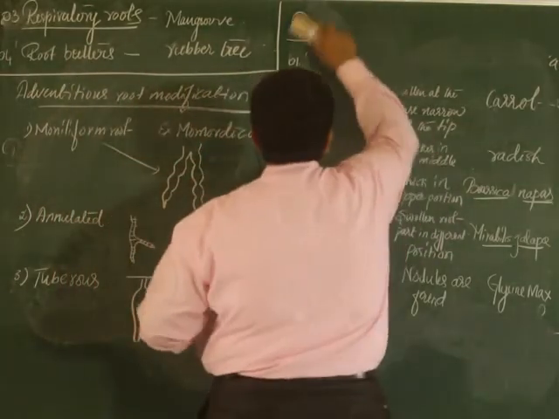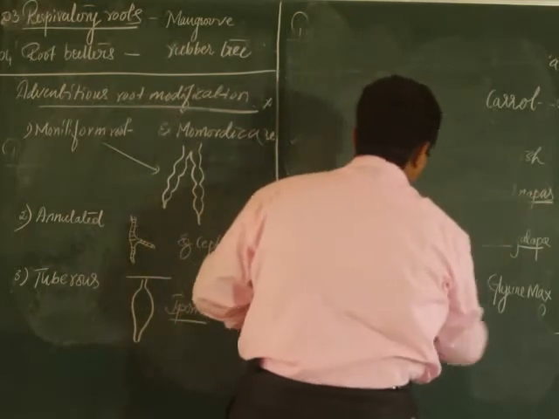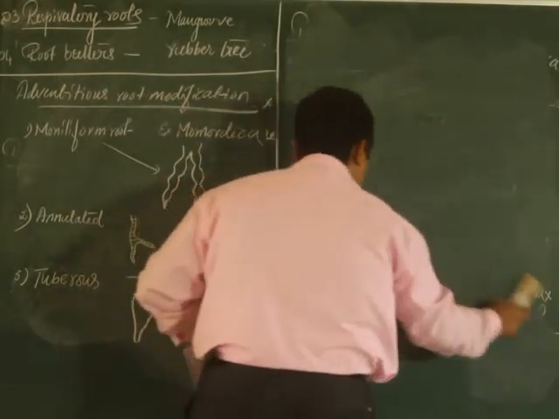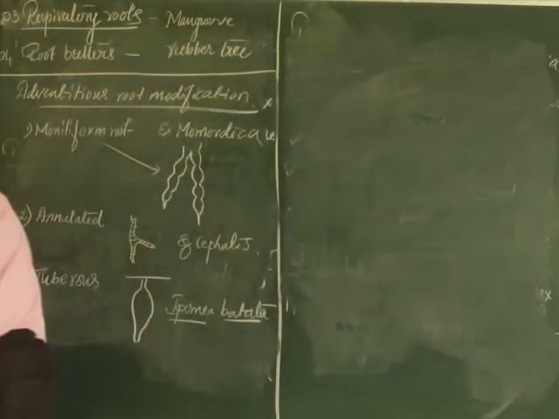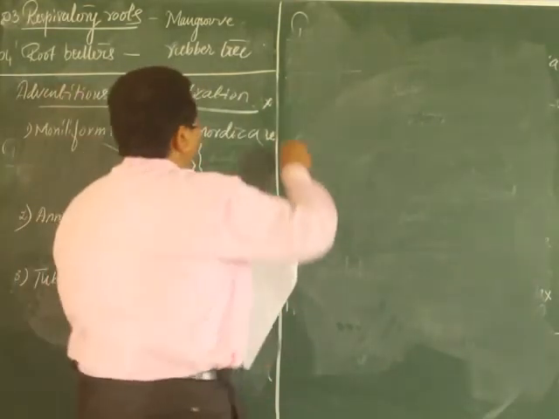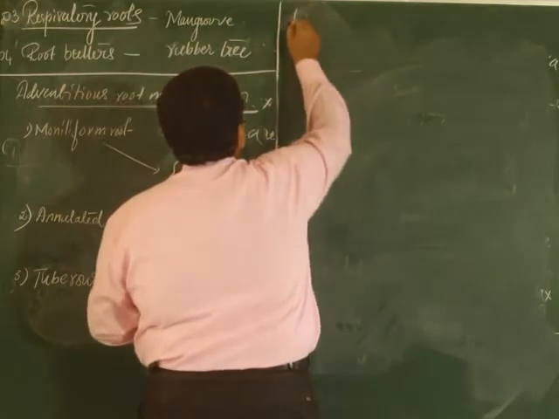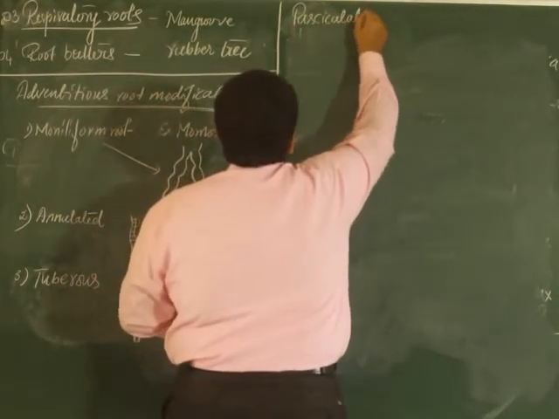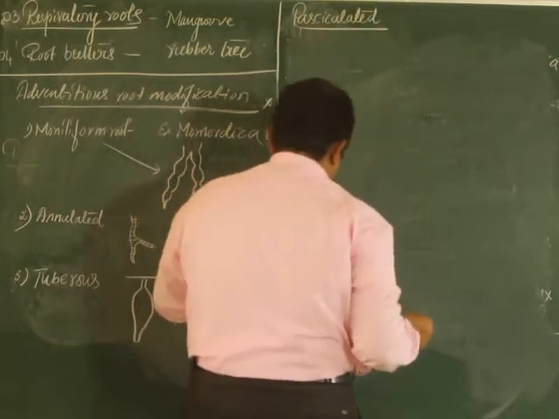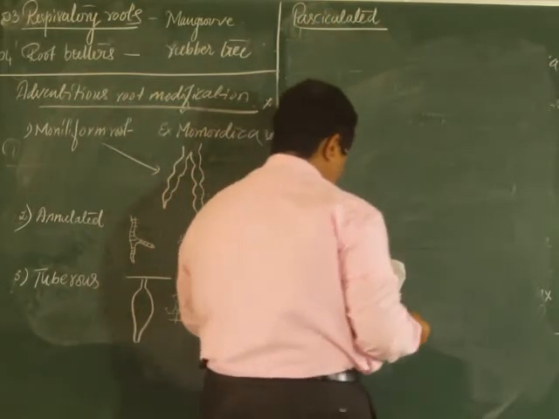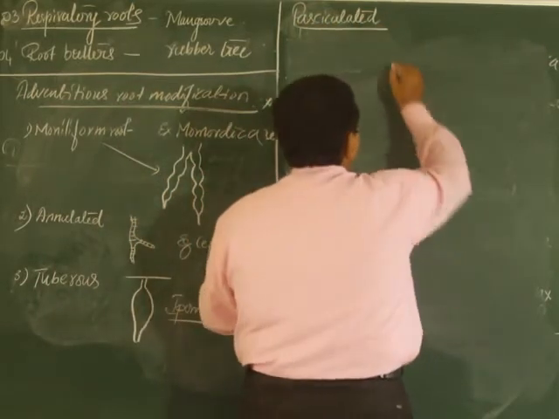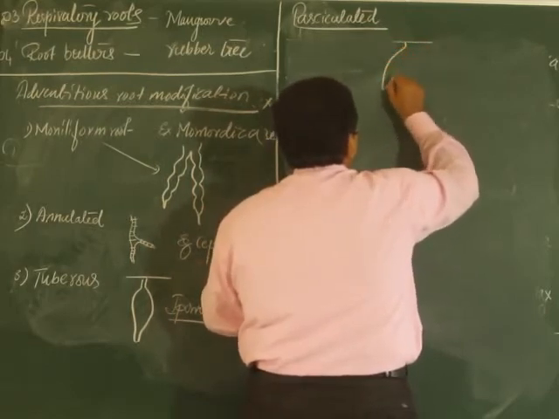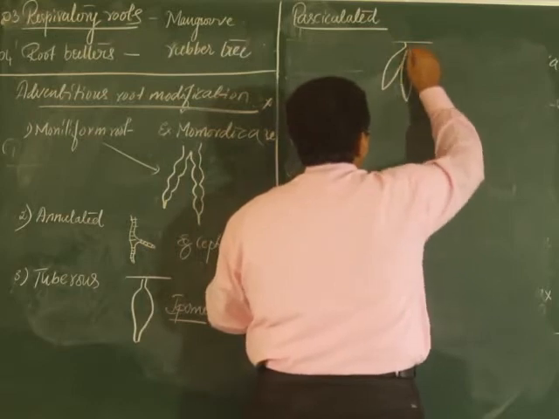And then fasciculated roots. It's also another adventitious root type. This type of root is a bunch of swollen roots.